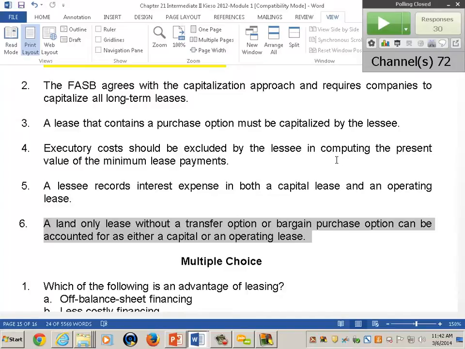What will happen is that you would have to find a way to separate it, usually a relative fair value. So if you separate the building from the land and you only capitalize under the 75 and 90% tests, the land is operating and the building's capital. It gets a little bit more complicated, but just in principle, I wanted you to know this. This is a basic idea that I think you should know. I'm not going to worry about the mechanics.